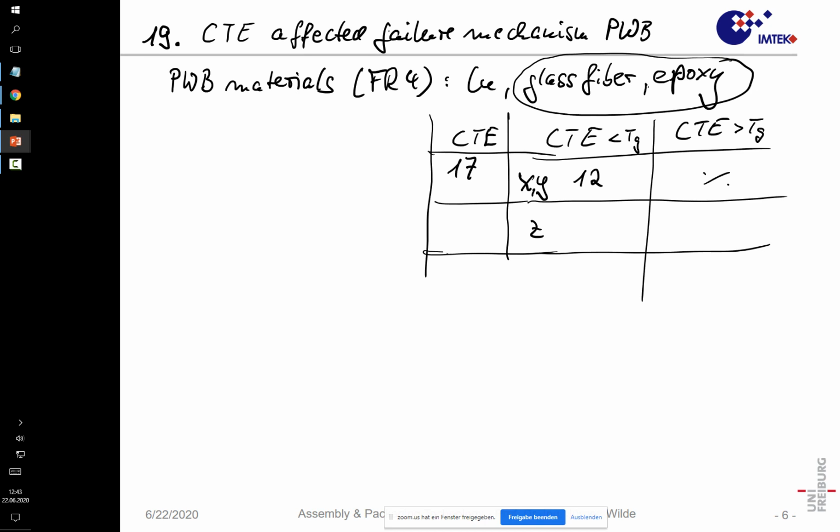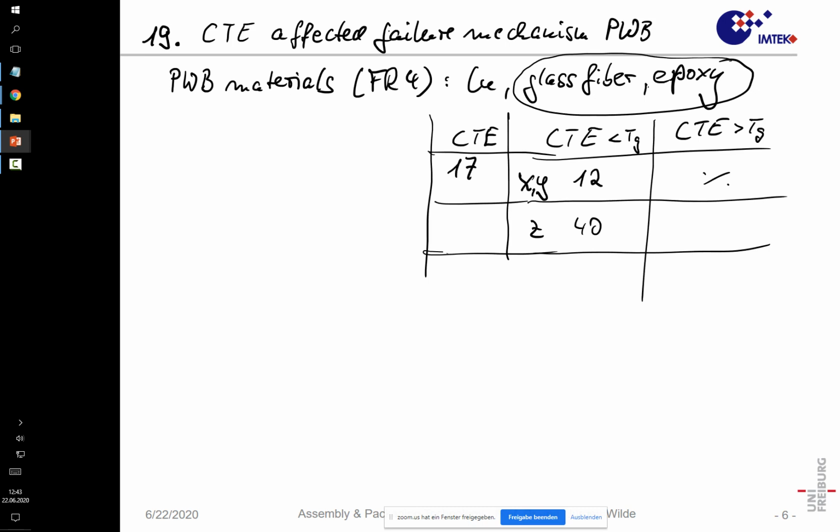The fibers cannot be held by that resin. So above Tg in XY, you will not find it, but in Z direction, you typically have a 3 to 4 times higher CTE. So let's say here it could be something like 40.